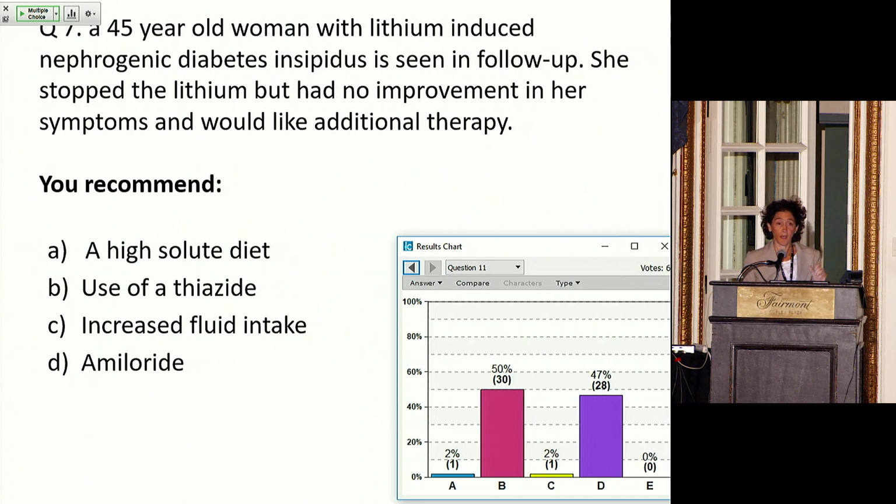And so, although this would offset the problem with nephrogenic DI in the principal cells, if you were thinking about lithium's toxicity to the kidney, then amiloride alone would not help you as well. So use of a thiazide then was a desired answer.